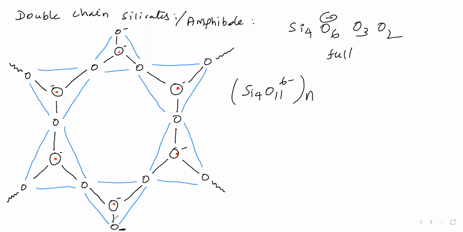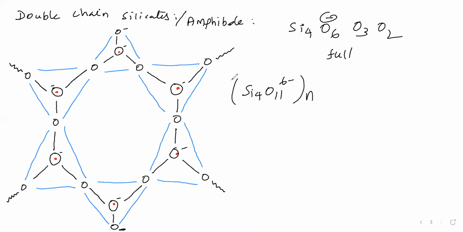In this SiO4 unit, 2 oxygens are sharing with a neighboring SiO4 unit. That means in this repeating unit, the top and bottom 2 SiO4 units are sharing 2 oxygens with the neighboring SiO4 units. In this one, 3 oxygens are sharing with the neighboring SiO4 units. Okay, so double chain silicates are like this.